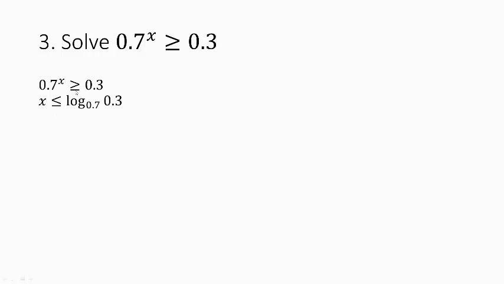I've been saying greater than, so 0.7 to the x is greater than or equal to 0.3, and I've now changed it into less than or equal to. Why is that, you might ask? Well, I'm going to show you in a minute, so just keep that in mind. Let's solve the problem. Log to the e of 0.3 divided by log to the e of 0.7 gives me 3.37. Why did I change the sign?